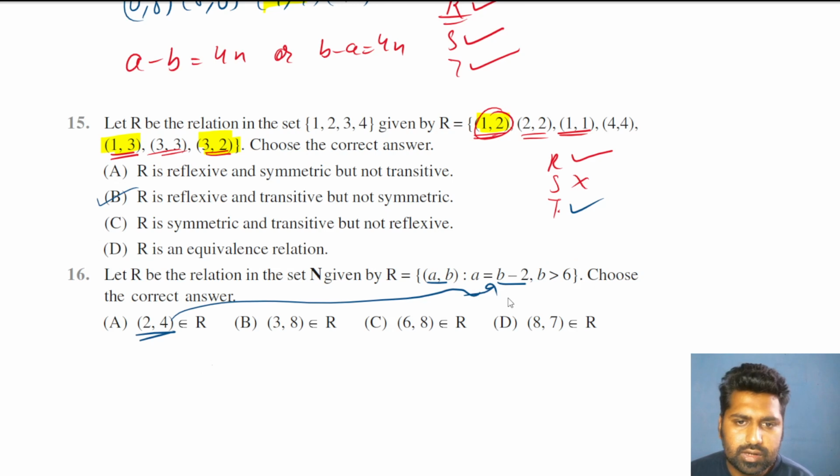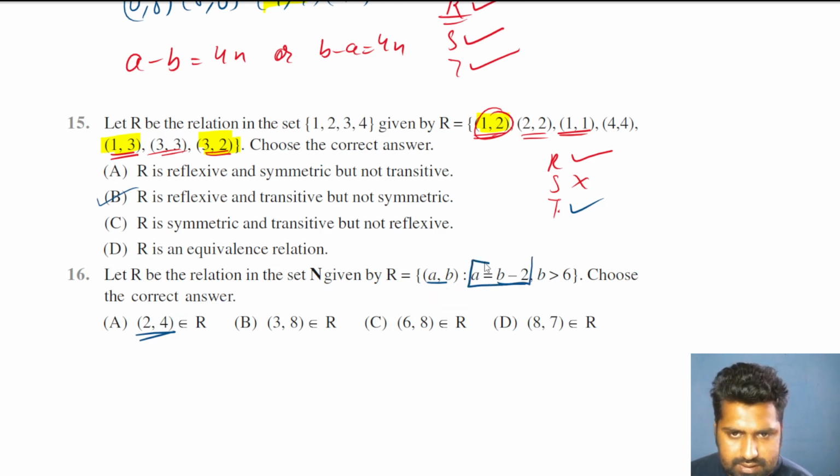See, you have to check both the conditions. Let me erase it. You have to make sure that this relation is satisfied and B should be greater than 6. So here B is not greater than 6. This cannot be an element. This and this can be, because at least the B element is greater than 6. So 8 minus 2 is 6 actually. So 6 comma 8 should have been the element.